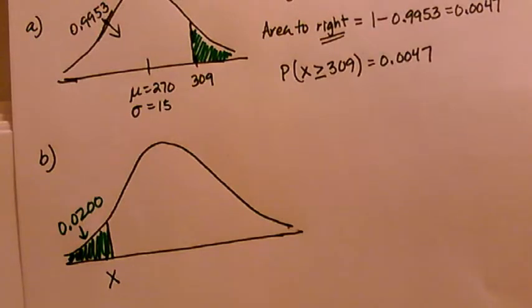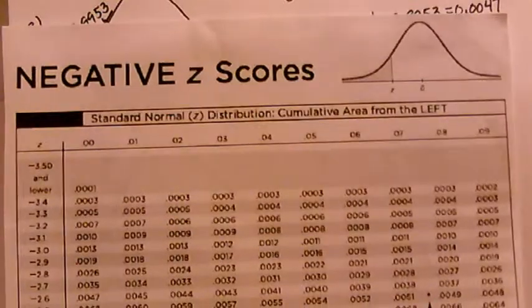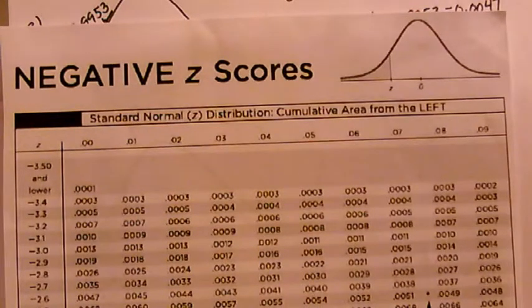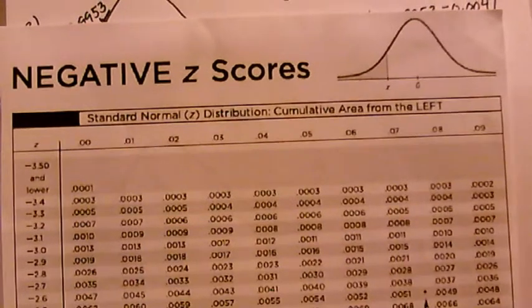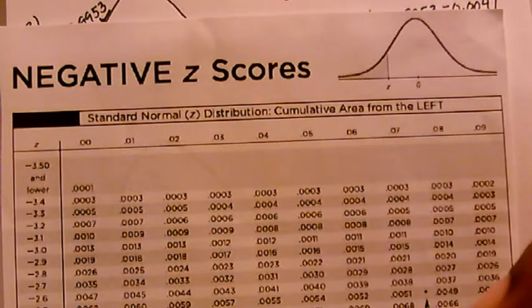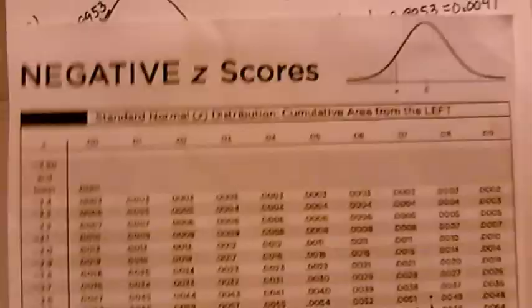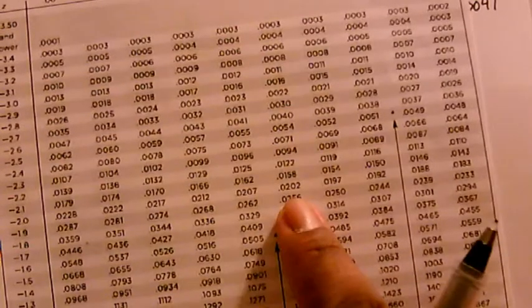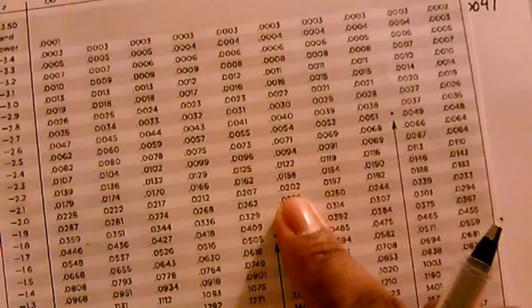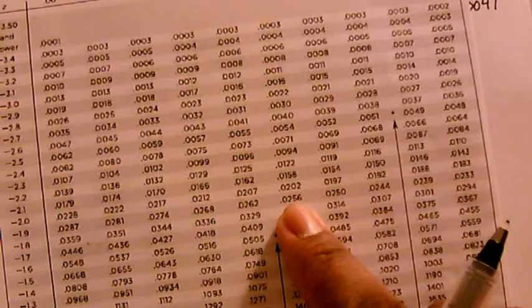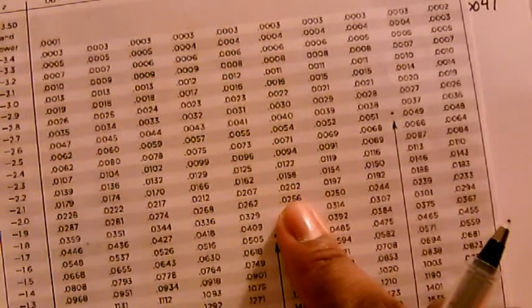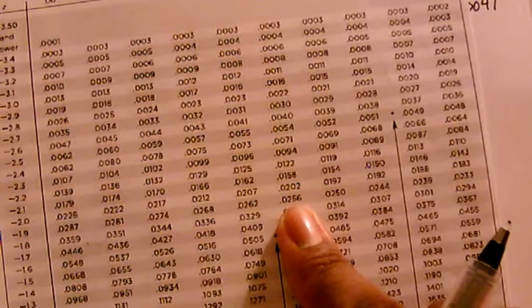0.0200 is less than 1/2, so we use the negative z-scores, and then we're going to find a value that's closest to 0.0200. And I'm using 0.0202. Okay, so here's 0.0202. Now we're going to read off the row that 0.0202 is in and the column that 0.0202 is in.